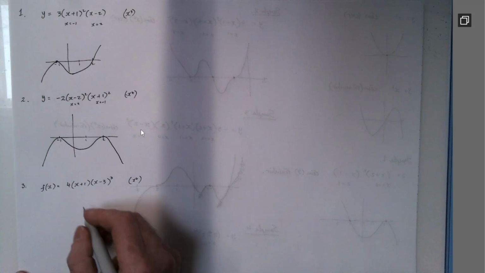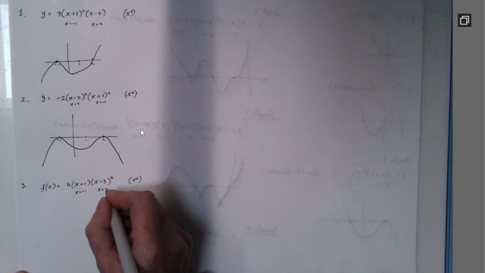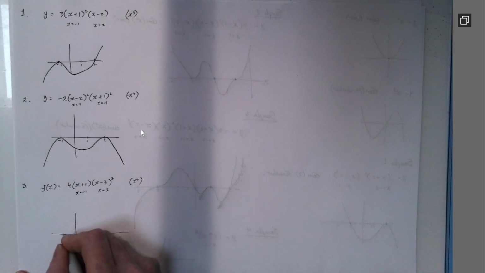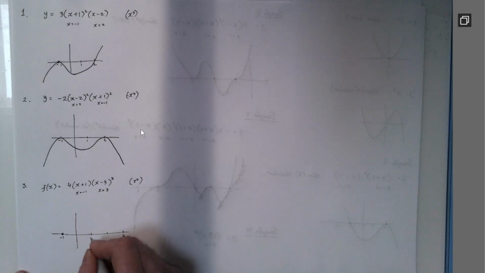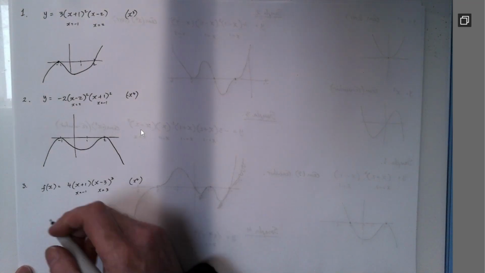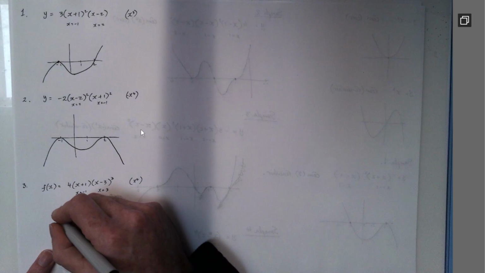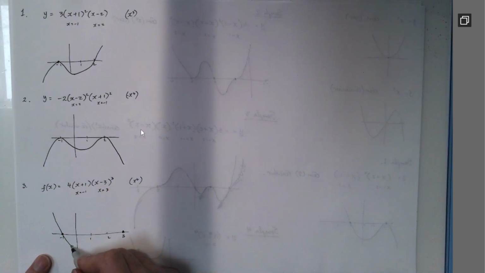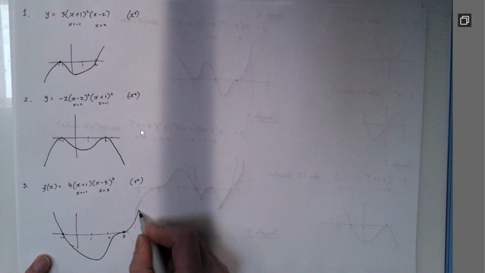So we reach x to the power of 4 and positive, so 2 arms up. The roots are x equals minus 1 and x equals 3. We have a root at minus 1 and a root at 3. So it's 2 arms up and positive, so we touch at minus 1, then we go straight through at 3, because it's a power of 1 and then cubed.